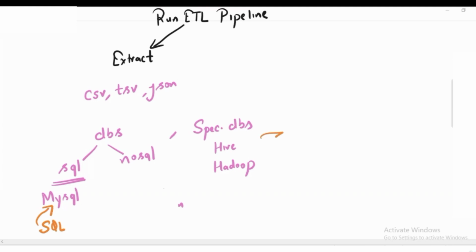Similarly, all these specialized databases have a query language which is approximately similar to SQL. You can easily fetch data from these specialized databases. If you know SQL, you can extract data very, very easily. It is just a piece of cake.